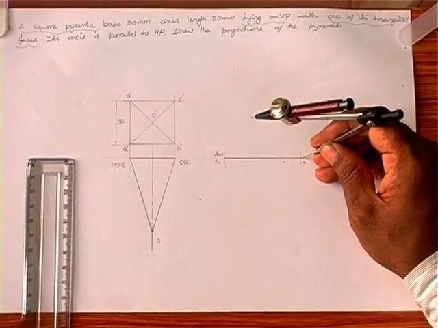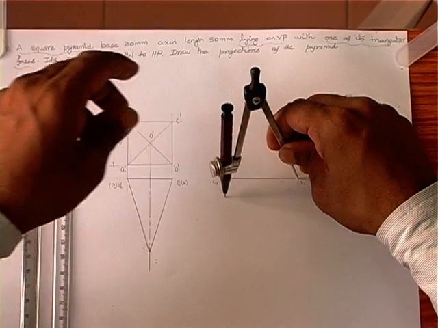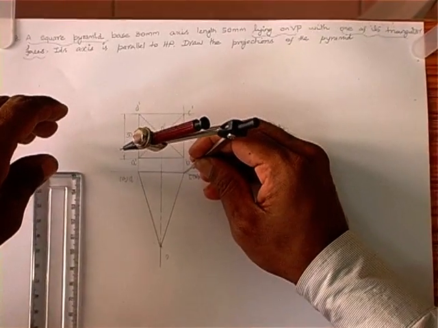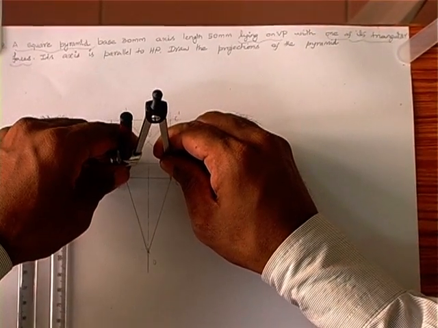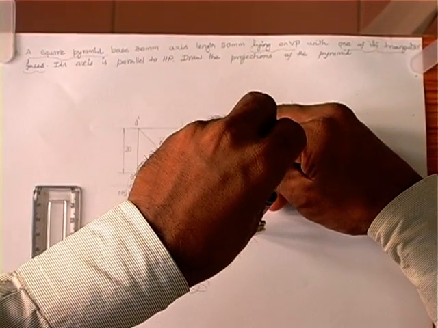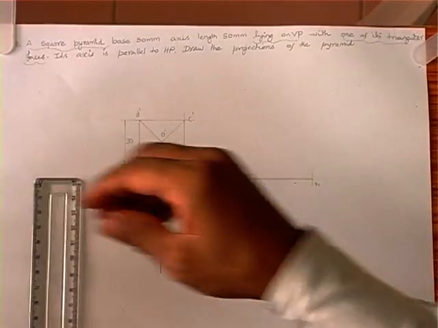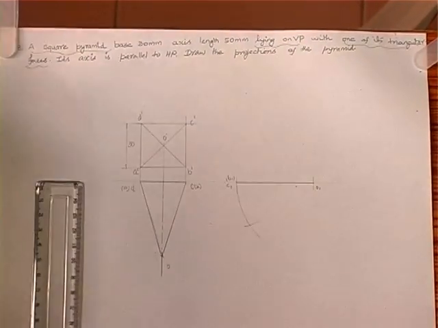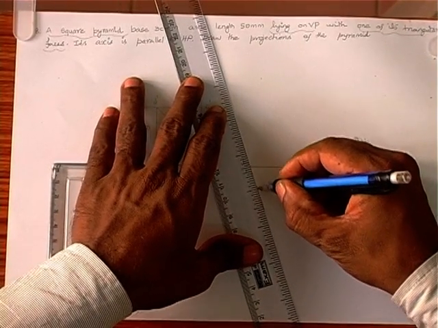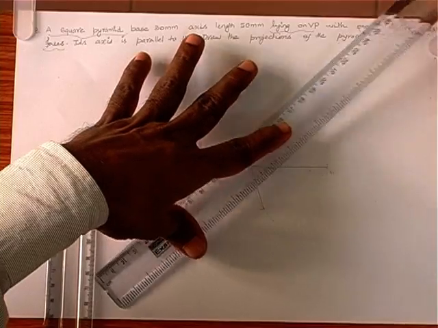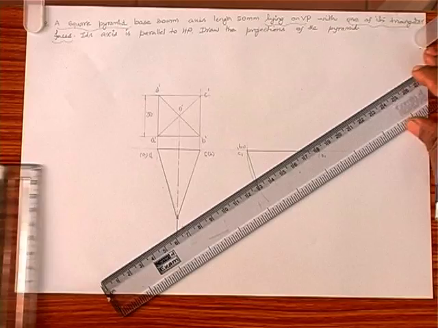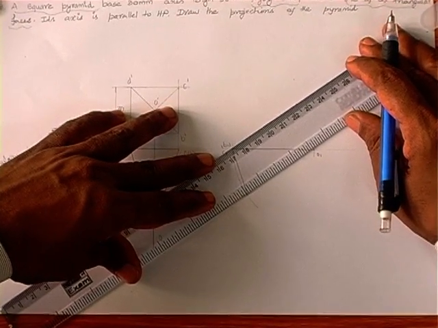So we take this and find an arc through this, and if we cut it through this end, we will be able to redraw the triangular face. So we just get the triangular shape. This is the final top view for a square pyramid with one triangular face on VP.